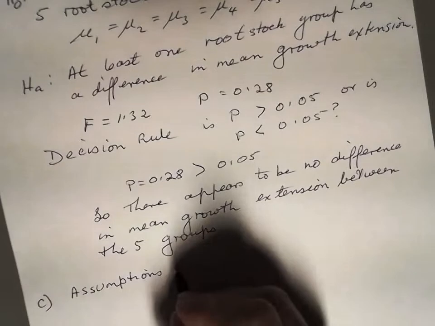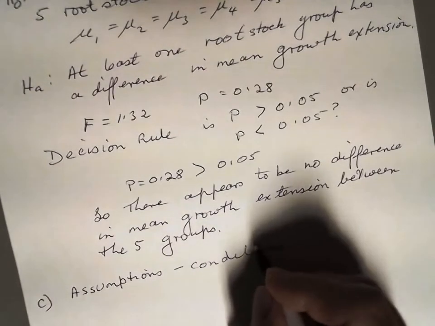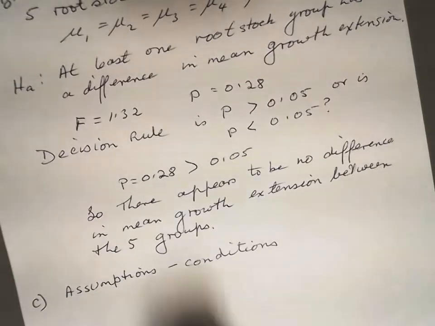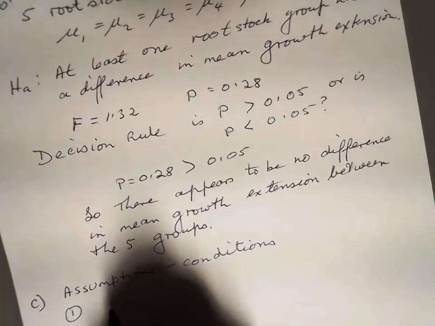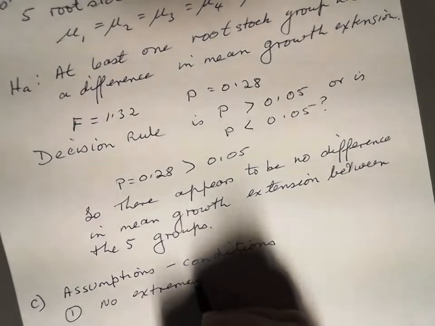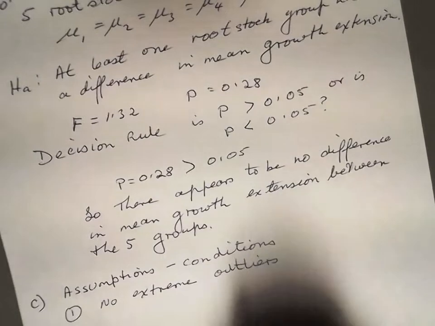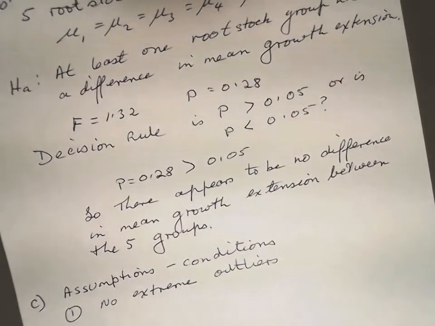Or conditions. Okay, the first one is no extreme outliers. Now these are something that you should be putting down on your study sheets that you can take into the exam with you.